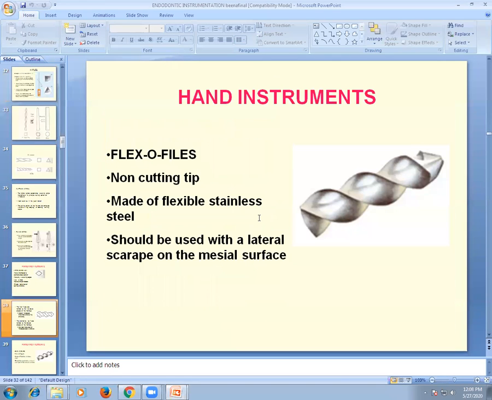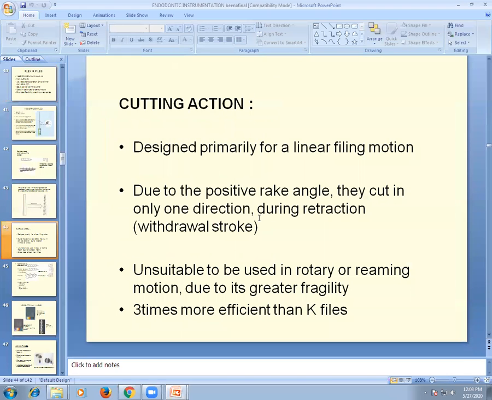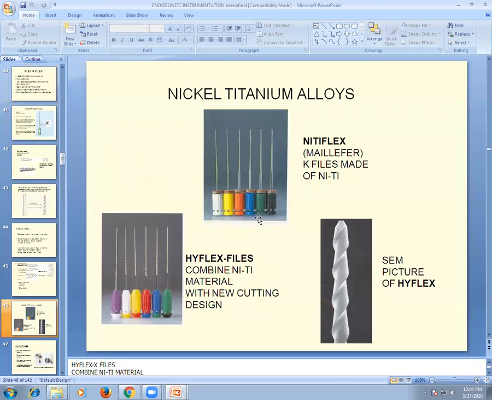I am rushing to rotary files because the hand files we have covered in the last lecture. Now, nickel titanium files come up. These files are made with nickel titanium alloys, which are more flexible.